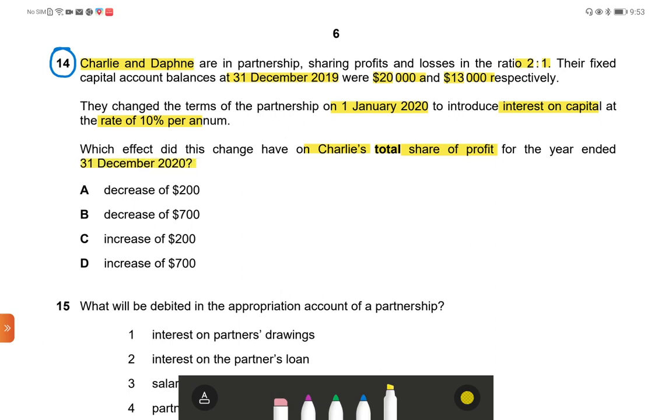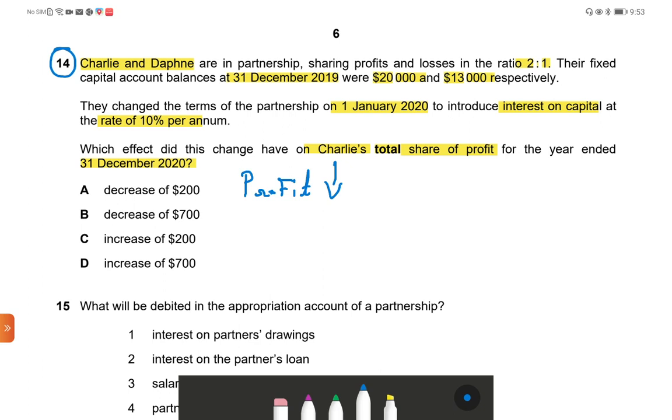Before, there was no interest on capital. So now there is the interest on capital. So how much will he lose? The interest on capital amount is first deducted from the profit and loss appropriation account. So his profit share will decrease because they charged interest on capital. So the profit share will decrease.